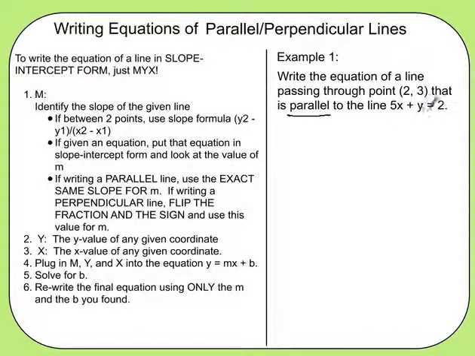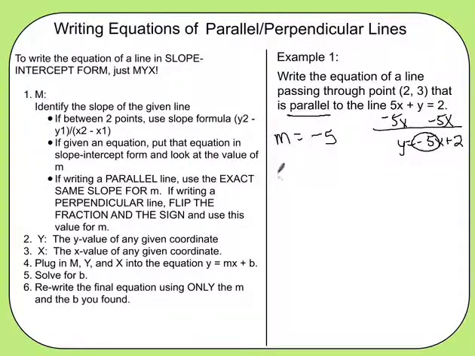Solve for y. Subtract 5x. Y is negative 5x plus 2. So the slope of my given line is negative 5. Parallel means that I want the same slope, so my m is going to be the exact same as the m of the given equation.